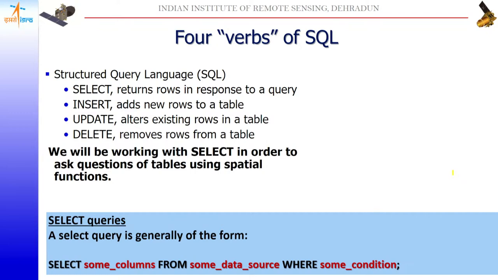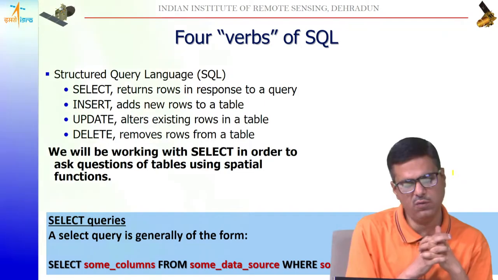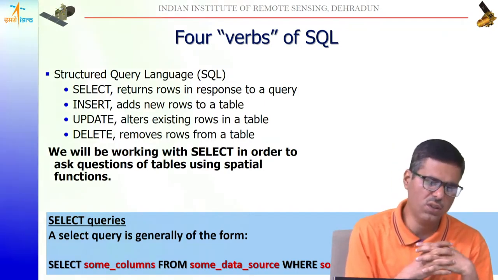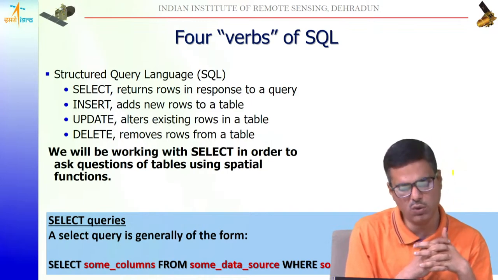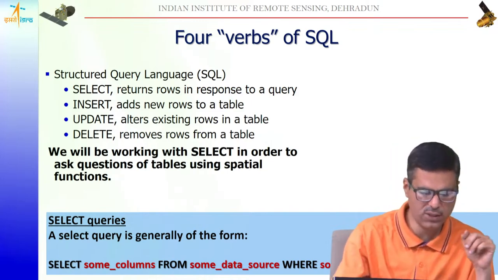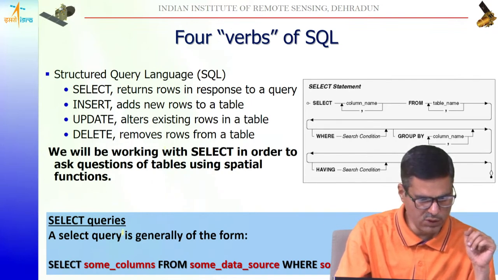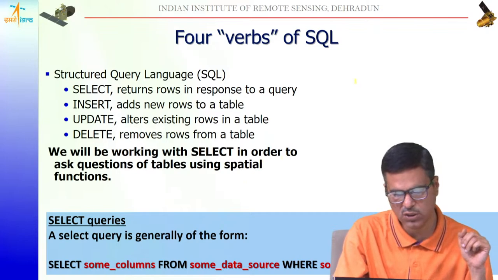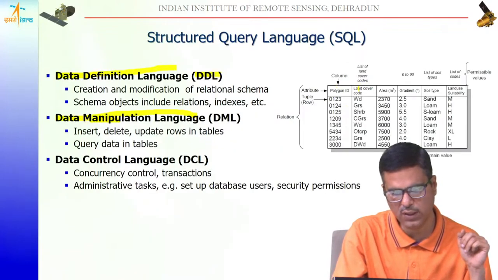Our focus, as I said, is more on the select statement, which comes under the data manipulation language, and which allows us to retrieve the rows in response to the query. The general syntax is something like this: select is a keyword. Then the columns from the relation that we are interested in, say polygon ID and land cover.